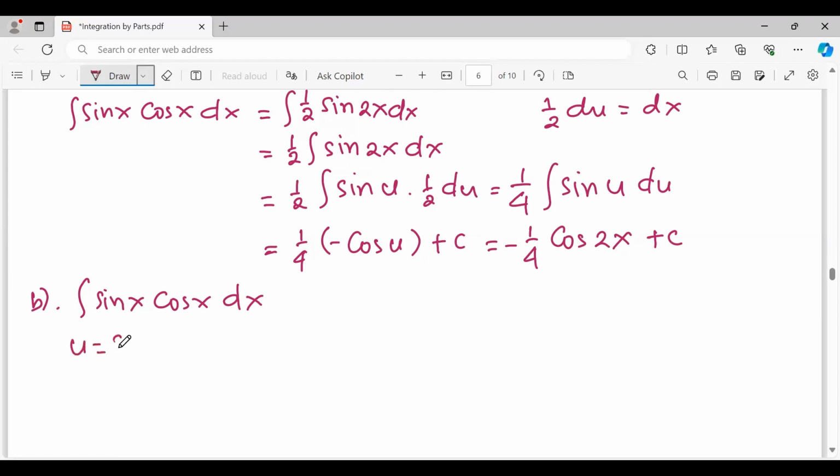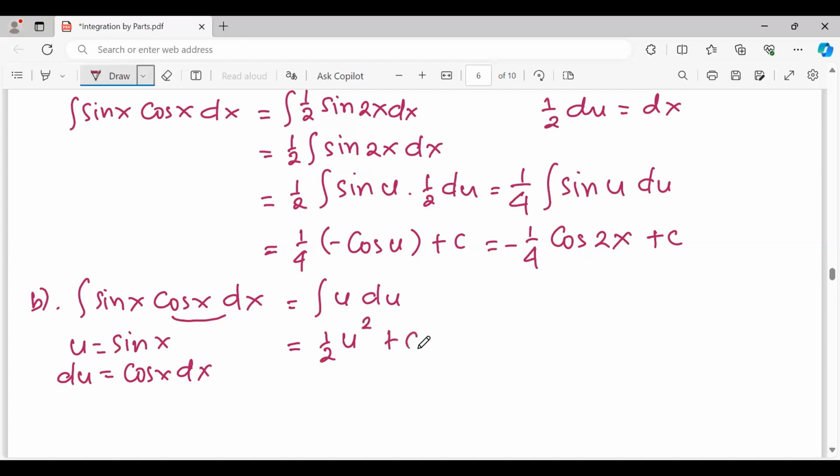If u equals sine x, so du equals cosine x dx, it means this is du. So this integral becomes integral u du, so being half u squared plus c.